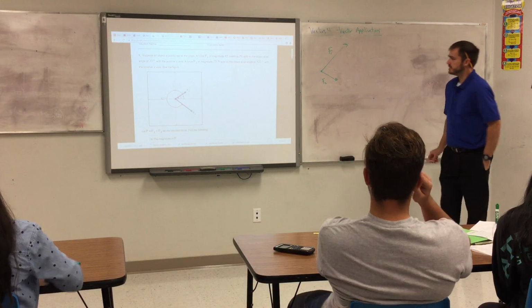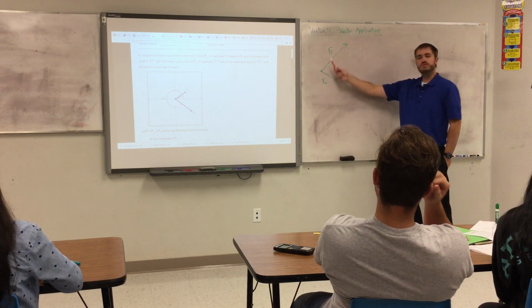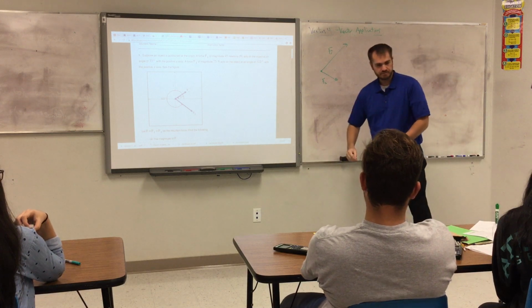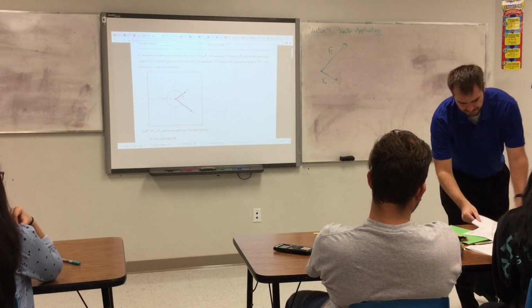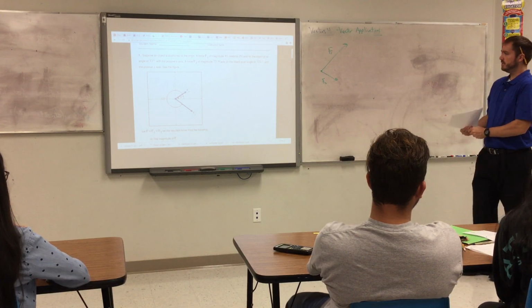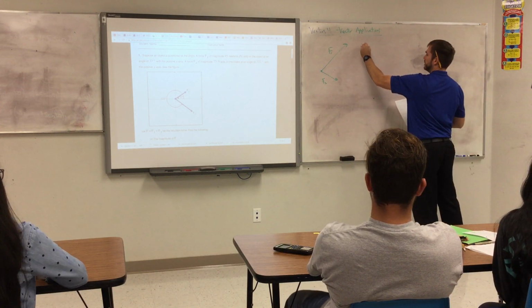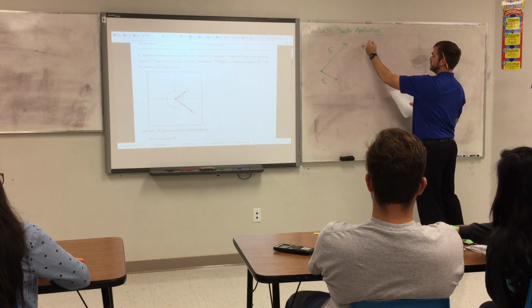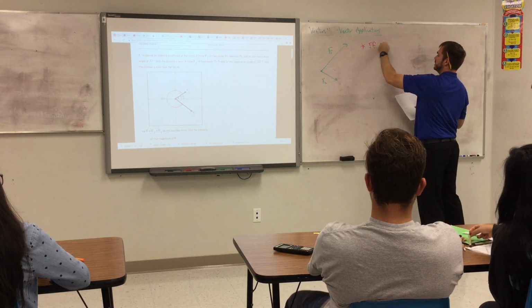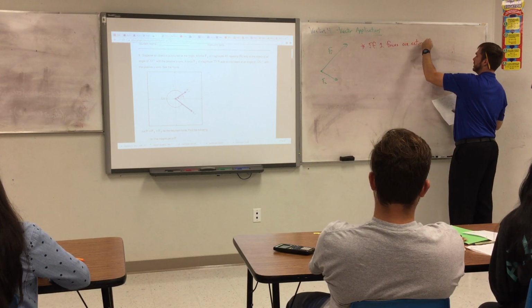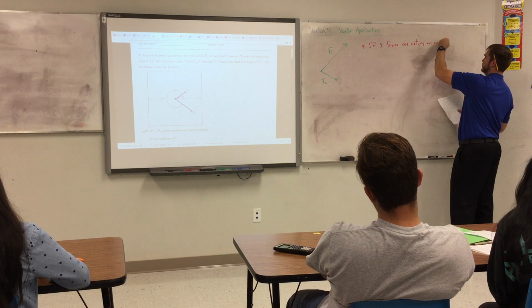So what does that all have to do with this? Well, let's say that you've got two forces that are both acting on an object. What you can do is figure out what the resultant force is by adding them together and finding their sum. So we'll go ahead and summarize that. Two forces are acting on an object.